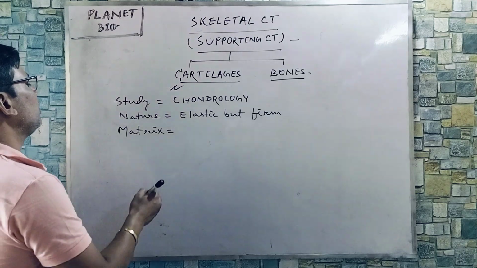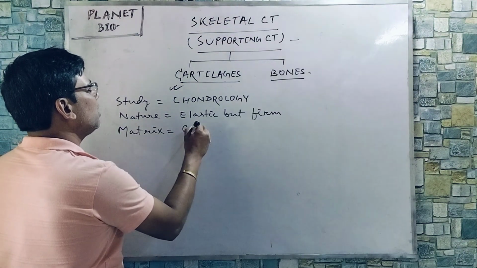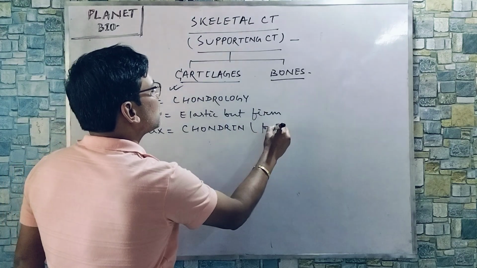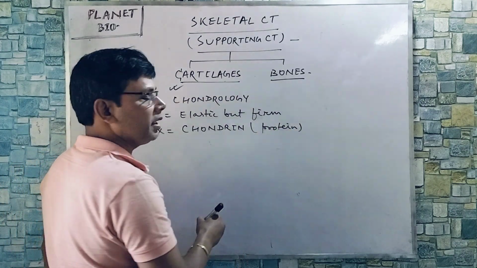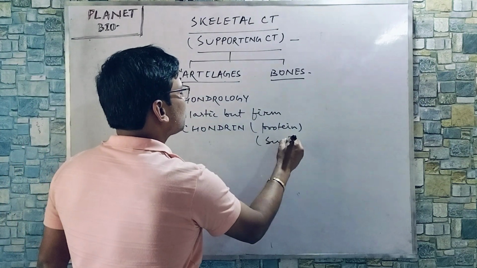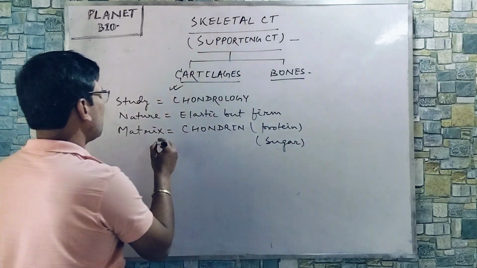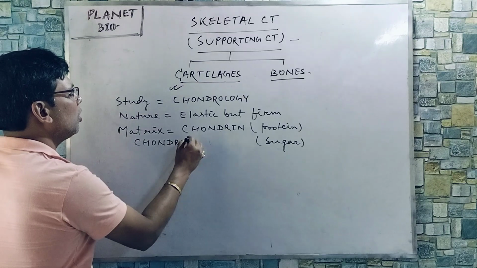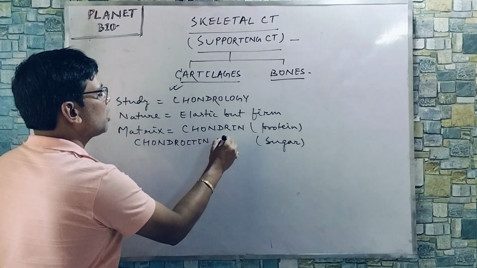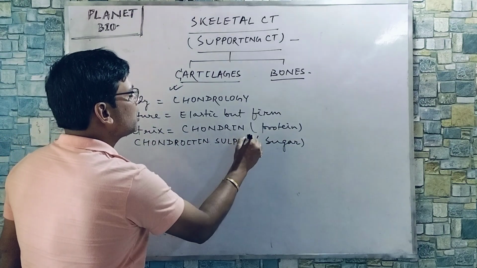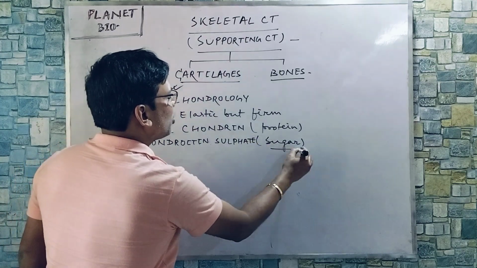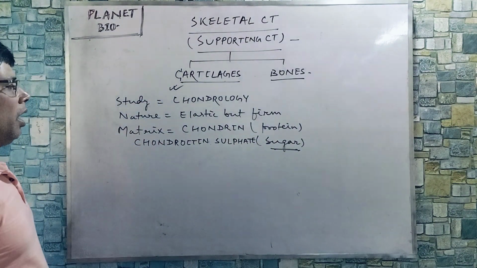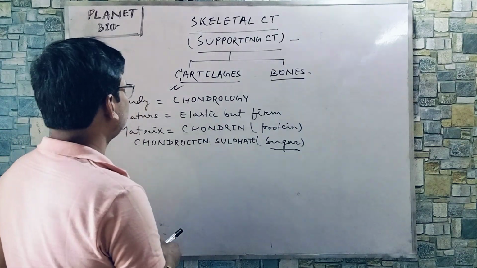So matrix is chondrine, actually, this is a protein, and its sugar part, that is the carbohydrate part, is chondroitin sulfate. So you have studied in biomolecules chapter chondroitin sulfate.